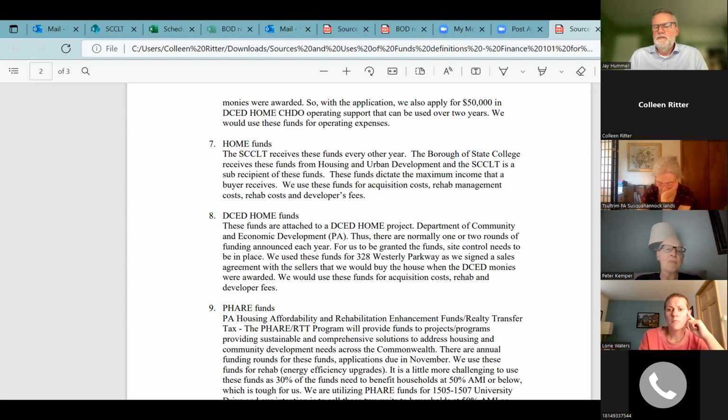Once the contract is signed, the money can be released. Normally we use that money just for the acquisition of the house, because it can be a big amount, rather than doing small amounts. We use it for acquisition, some of the renovation costs, and developer fees. That all comes out of that bucket.